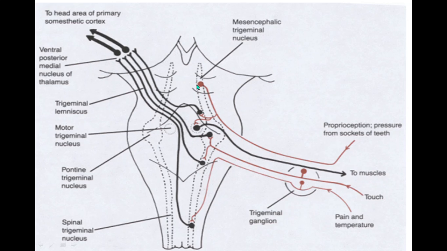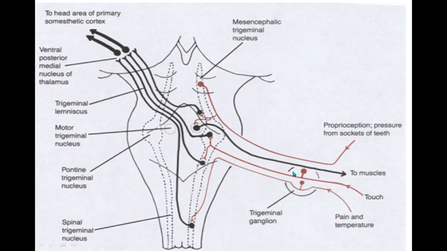So it's the only instance where you find the primary sensory neurons located within the central nervous system. All the primary neurons associated with sensory impulses are otherwise located outside the central nervous system, either in the dorsal root ganglia associated with the spinal cord, or in ganglia like the trigeminal ganglion.